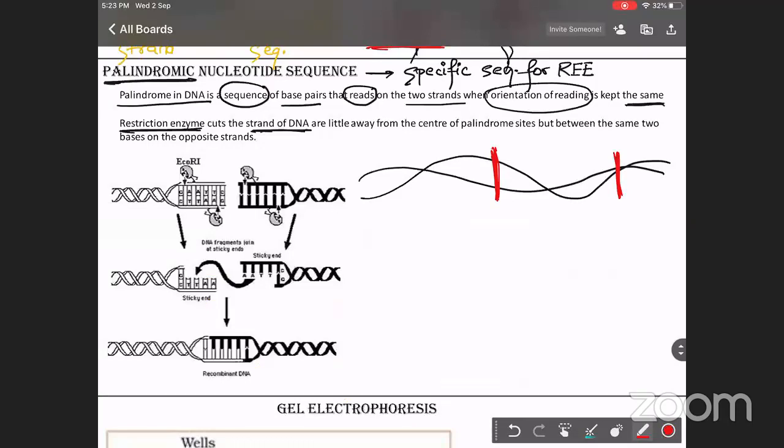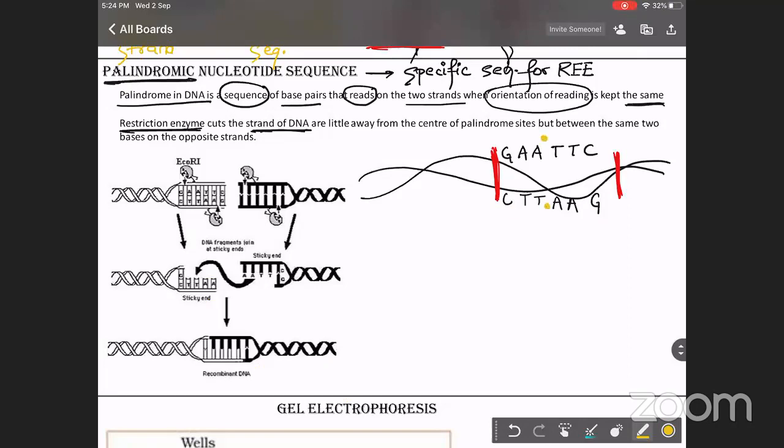So if the sequence is palindromic, GAATTC, this is the palindromic sequence. But here comes one of the properties of the restriction endonuclease enzyme. They will cut both the strands just away from the center. Let's go to the center, GAATTC. According to it, the center should come here.